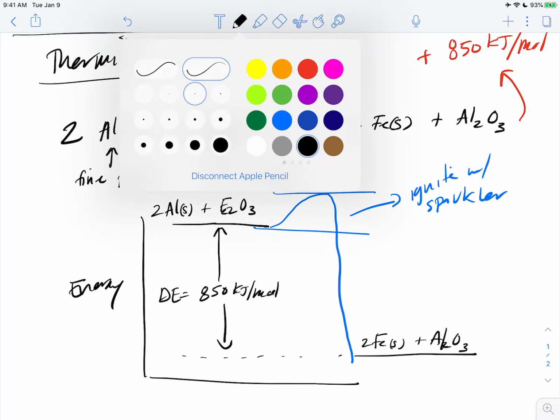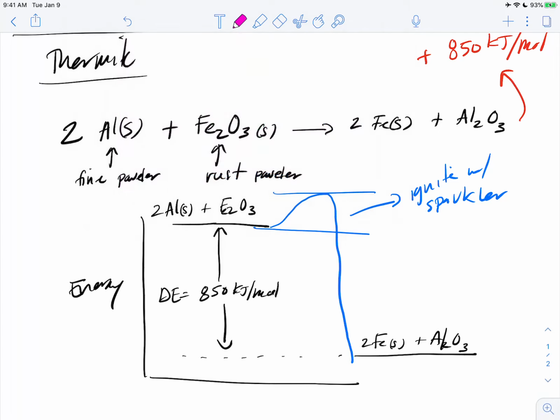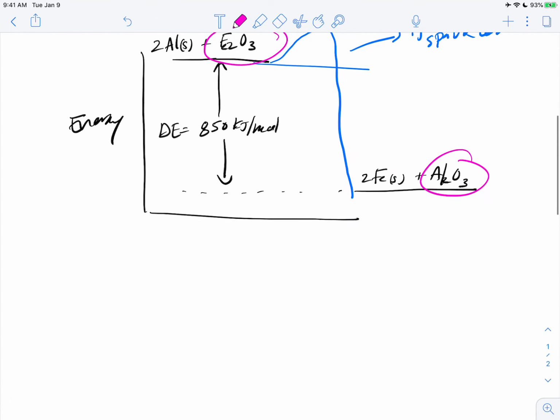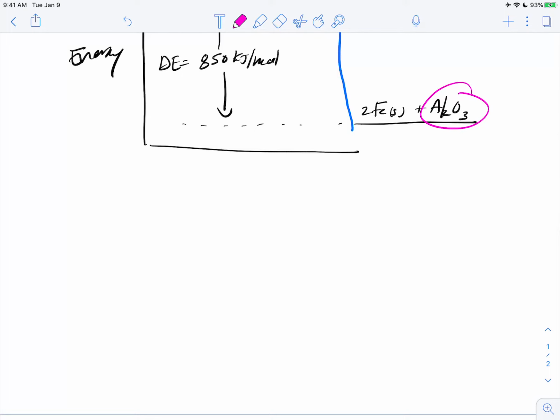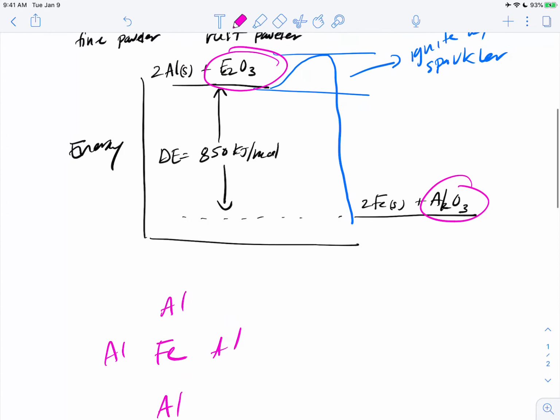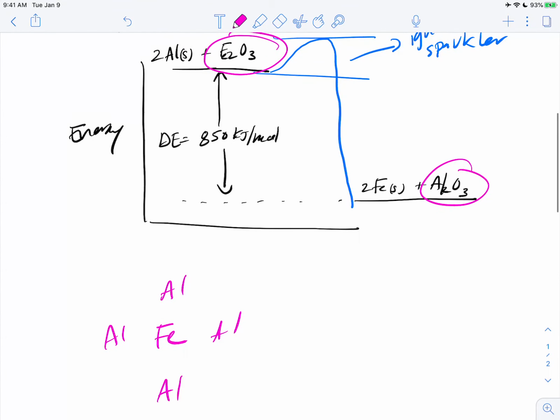And really it comes down to the difference between iron oxide and aluminum oxide. So in both of these, we have the metal surrounded by oxygens.